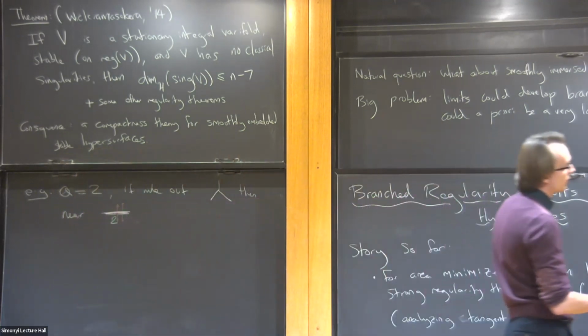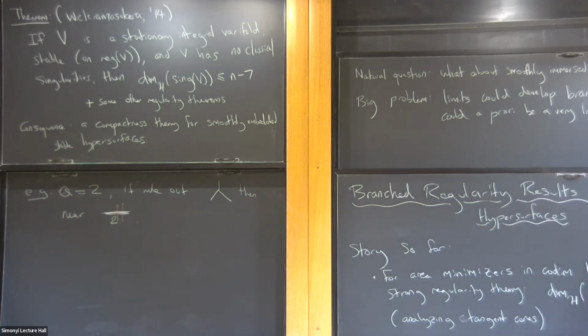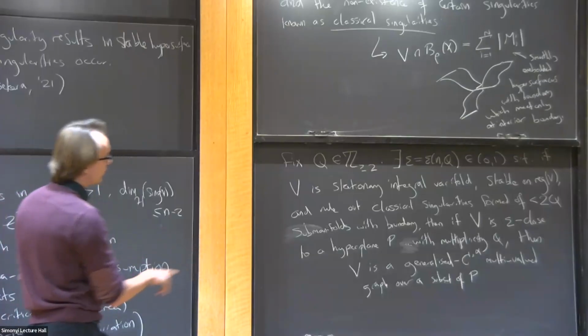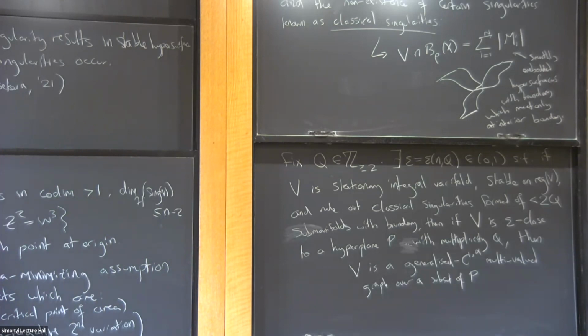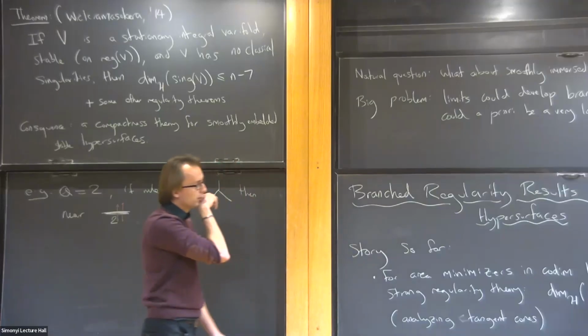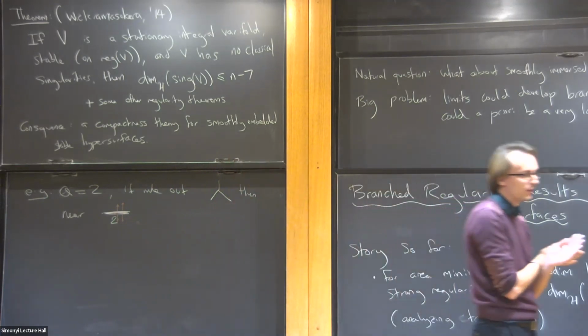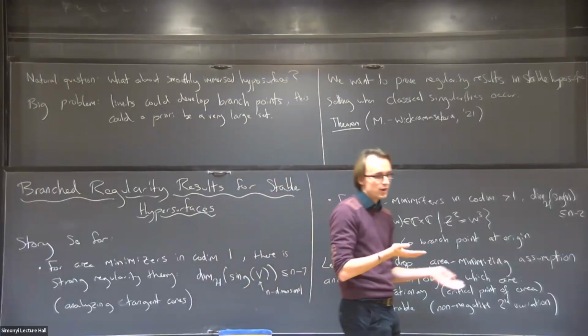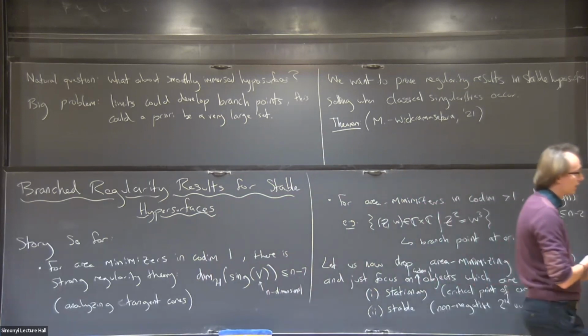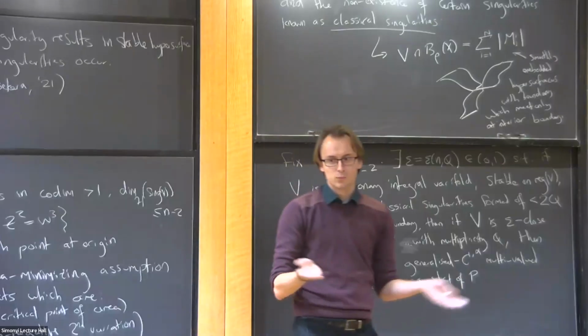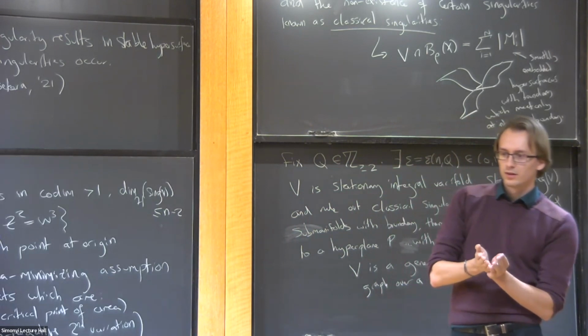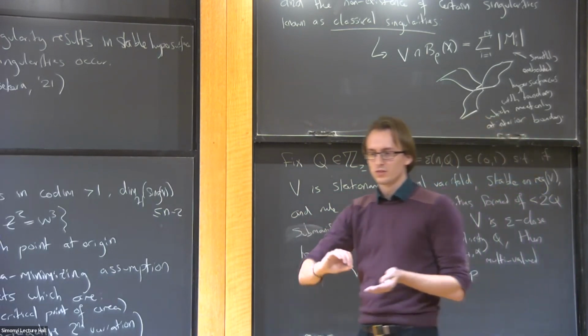Well, the thing is that there are two ways that this can come together. One is at a classical singularity. That's a nice intersection. In this case, it'll be very smooth. They'll be smoothly embedded, coming along a smooth axis.